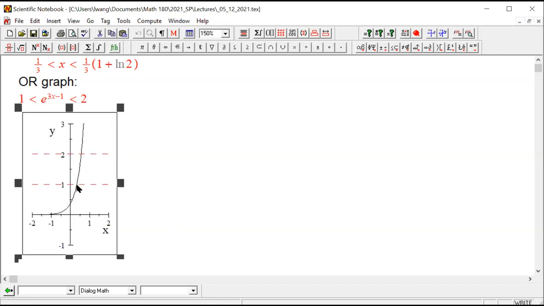So we need to identify this point. And we have found it's 1/3 comma 1, right? And the other point is 1/3 (1 plus natural log 2) comma 2. That's the input here. So let me make this just a little bit wider, because it's a little bit too hard to draw.